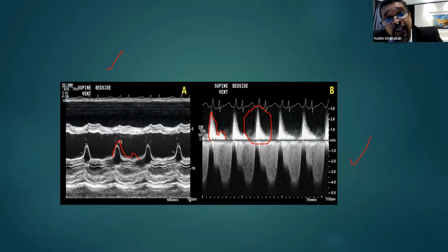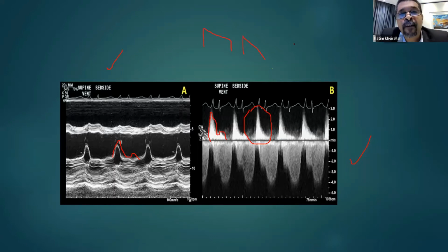But you are right, the pressure half time, when it is like this one, it is so different. The shorter the pressure half time, it means the higher the LVEDP, leading to a rapid equalization of the pressure and cessation of the backflow.